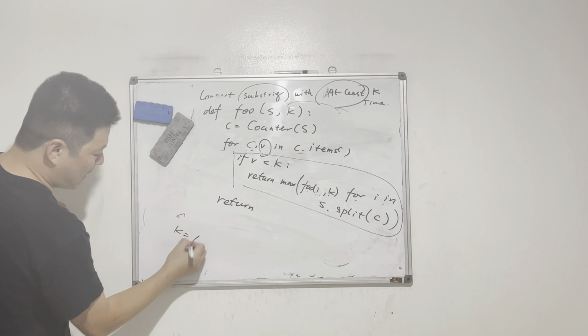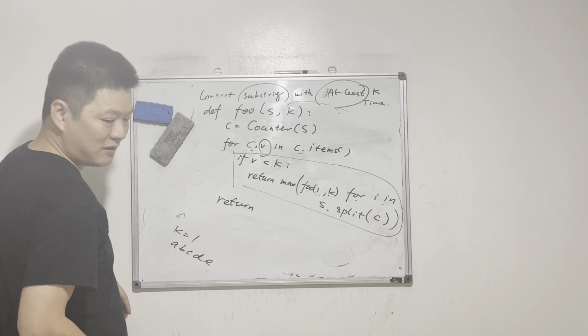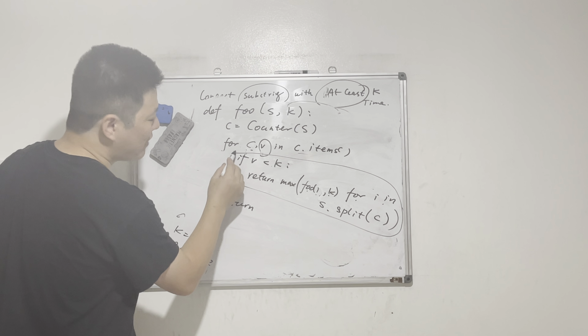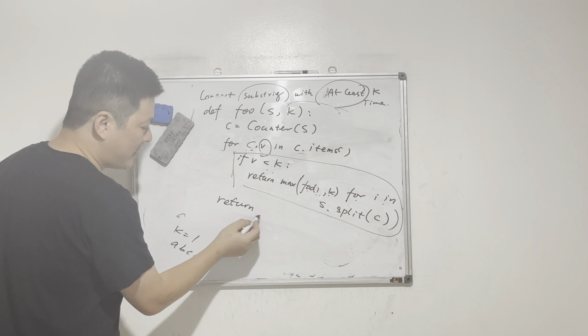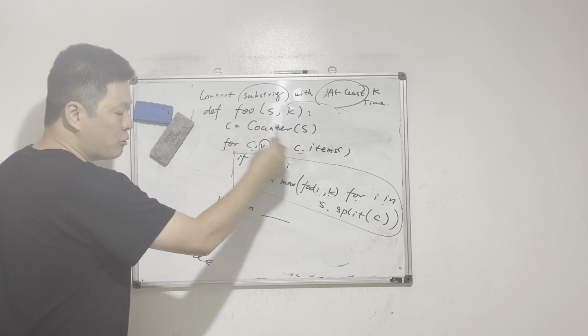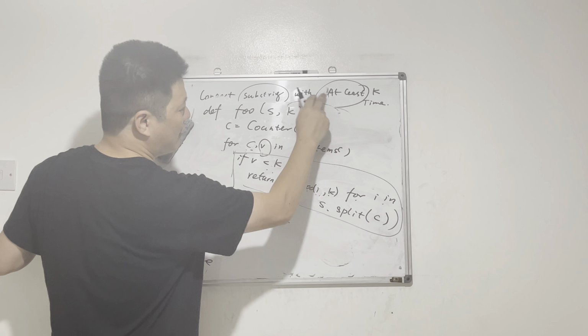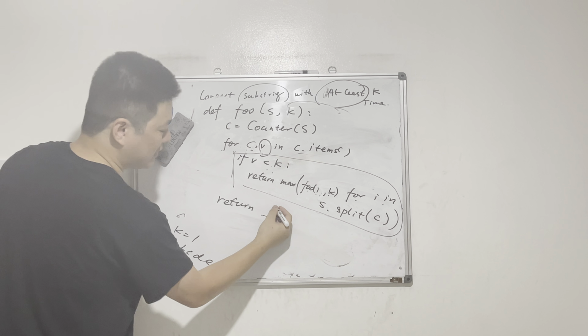I say K equals 1 and A, B, C, D, E. What's the longest? All of it. So if we can't find any character that is smaller than K, it means at this point the whole string satisfies this requirement, which is every character appears at least K times. So we need to return the current length of the string, which is the length of S.